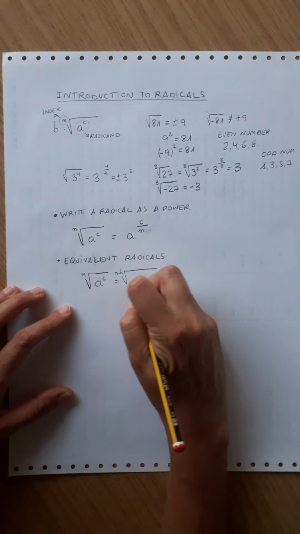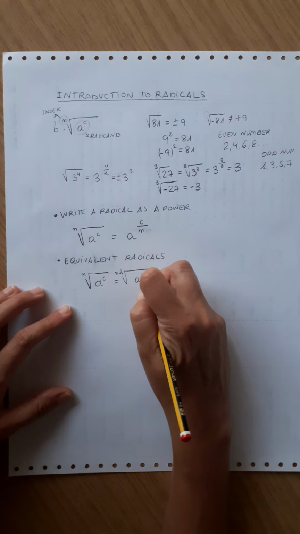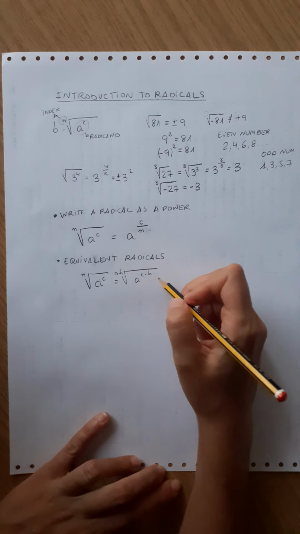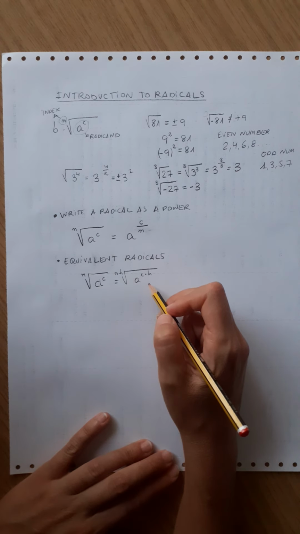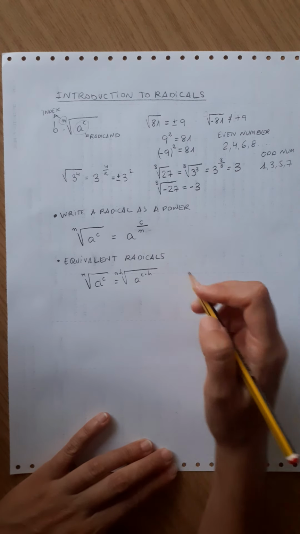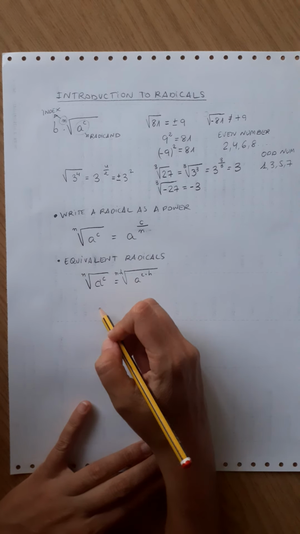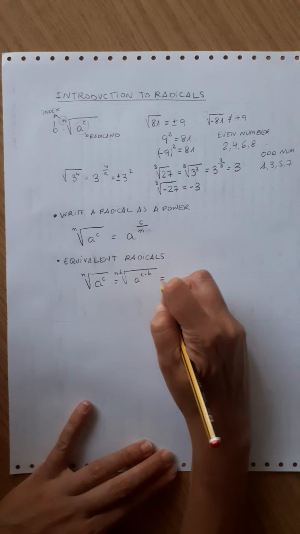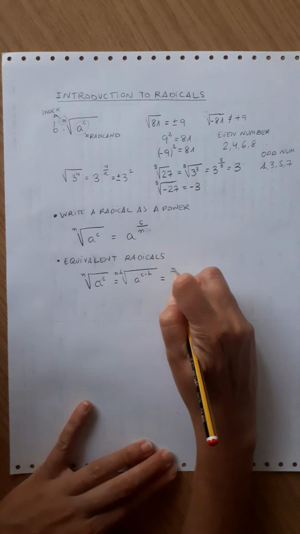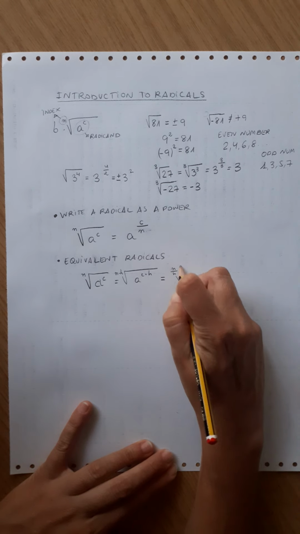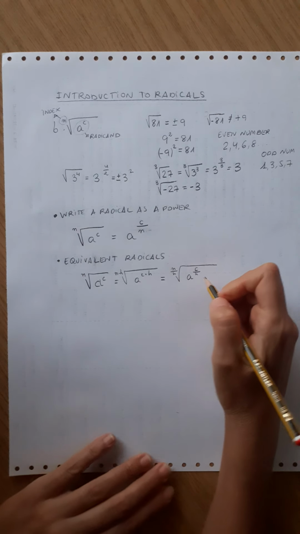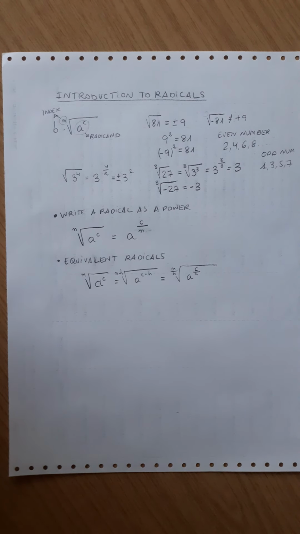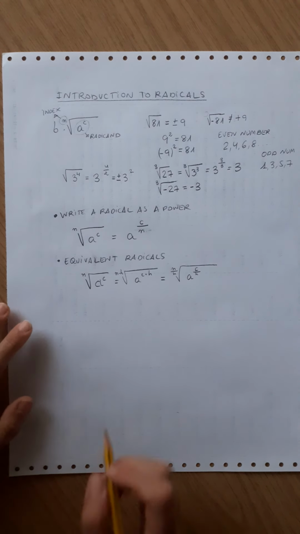This will be an equivalent radical. I can put h, which could be any number, okay? Or I can divide n divided by h, and c divided by h. And I would have many equivalent radicals.